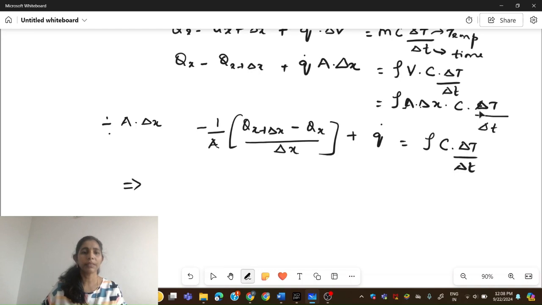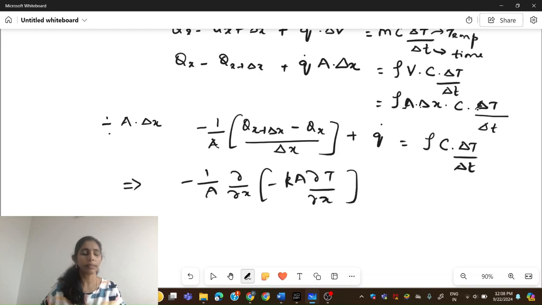Now further simplification by Fourier's law of heat conduction, I can write this term as minus 1 by A dou by dou x of minus K A dou T by dou x, plus Q dot, equal to rho C dou T by dou t.